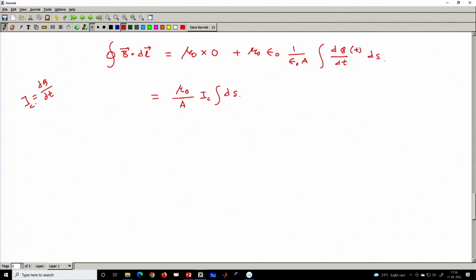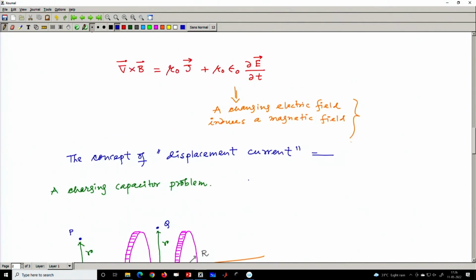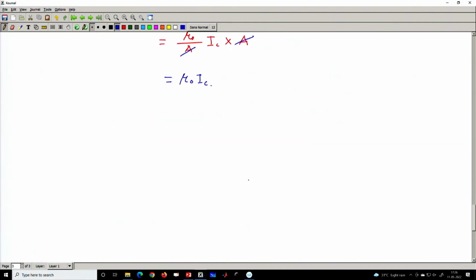So, IC should be this, and integration ds is A. So, it is simply mu 0 over A and then IC multiplied by A again. A is going to cancel out, and eventually we have mu 0 IC, exactly the same value that we were supposed to have.